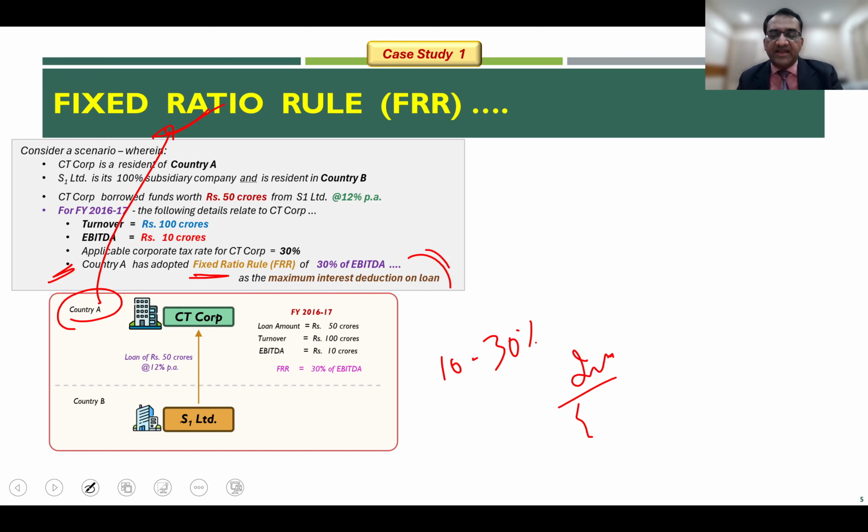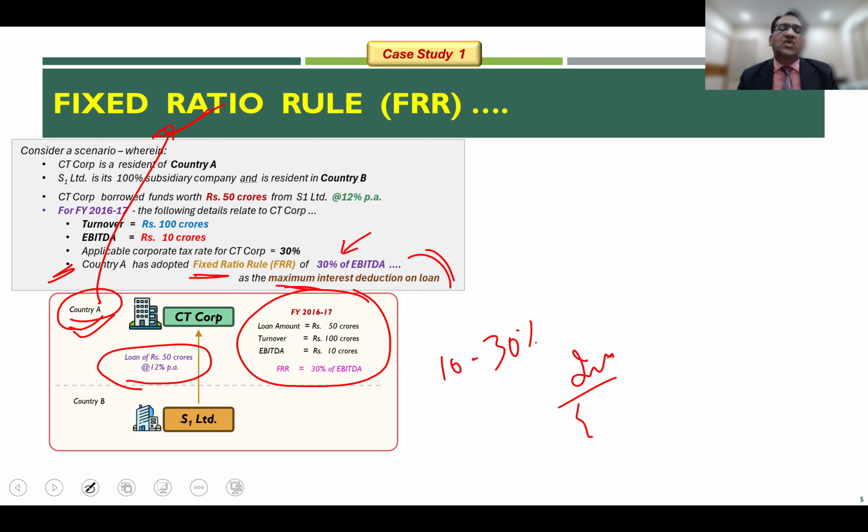Here, country A has adopted the fixed ratio rule of 30% of EBITDA as the maximum interest deduction on the loan. Therefore, though you have incurred the interest expense of 12% on 50 crores, considering that your EBITDA is 10 crores, the interest deduction will be linked to this EBITDA.